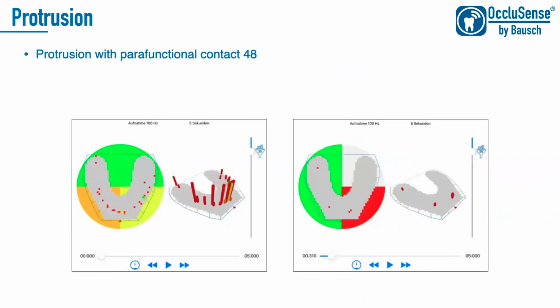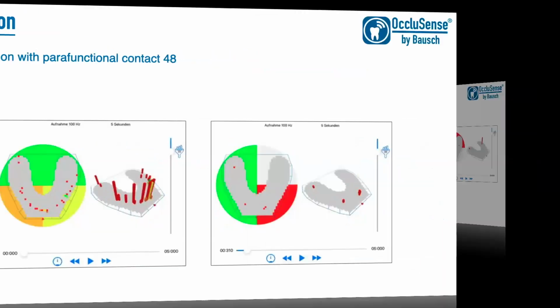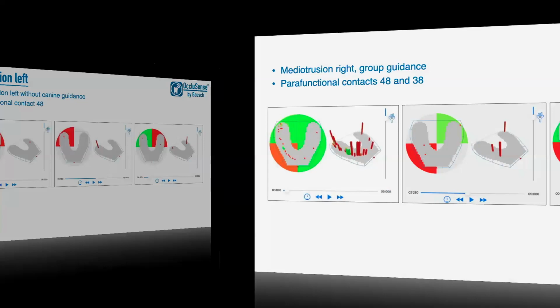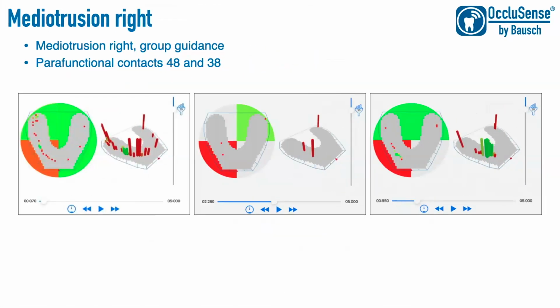Protrusional movement on OccluSense showed us parafunctionality on 48. And medial protrusion to the left and right also showed improper loading of 48, with the left side without canine guidance, and on the right side we had some group guidance.